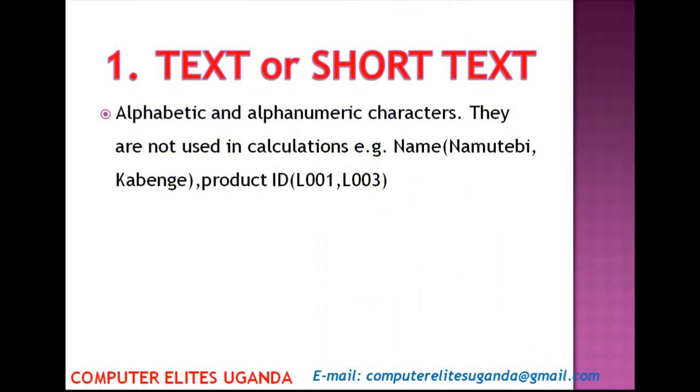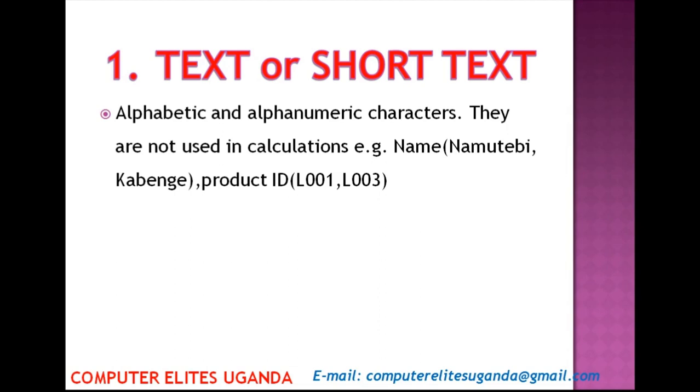The first data type we use to create a database table is text, which is the alphabetic or numeric characters that are not used in calculations. For example, names, product IDs.